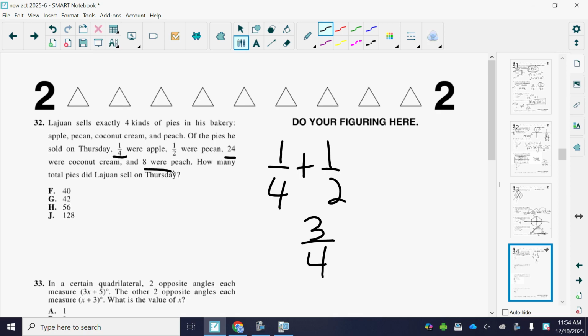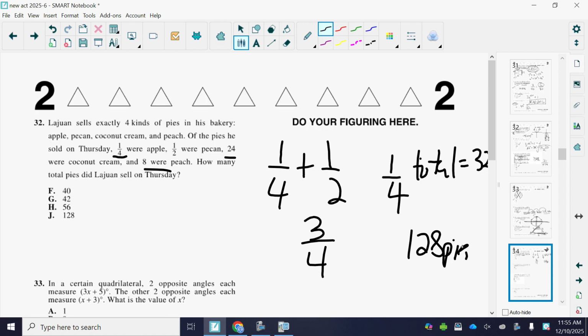That means that 32 represent 1/4 of the total. So that means times them by 4, you would have to have 128 pies.